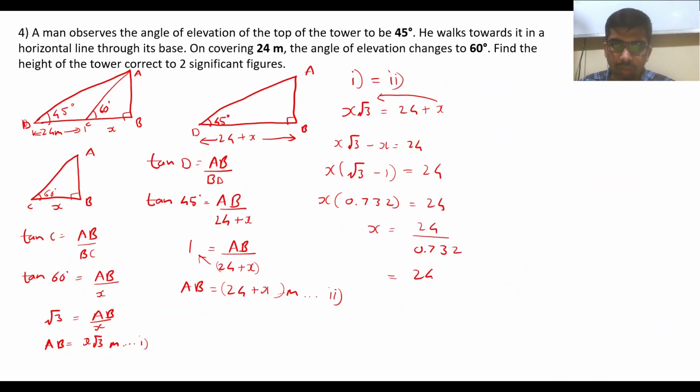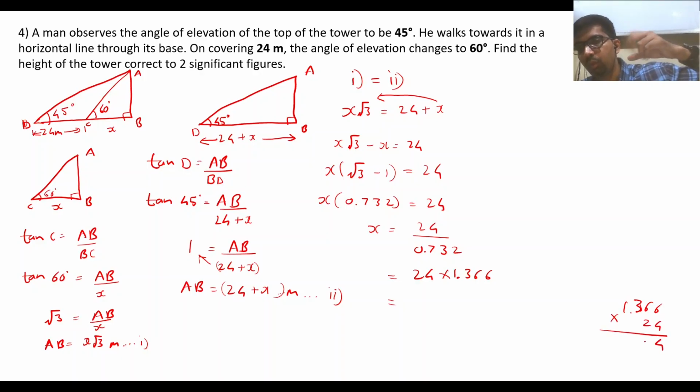So 24 into 1.366. Let's multiply. 6 for the 24, carry 2. 6 for 24, 26, carry 2 again. 4 twos are 12, 13, 14, carry 1. 4 in the 4, 5. It will become cross. 2 sixes are 12, carry 1. 12 plus 1, 13, carry 1. 6, 7, 2 1 2. 4 plus how much? 6, 8, 7 it will be. 7 properly, 7 12.